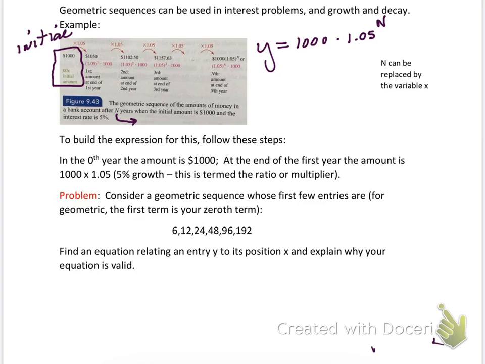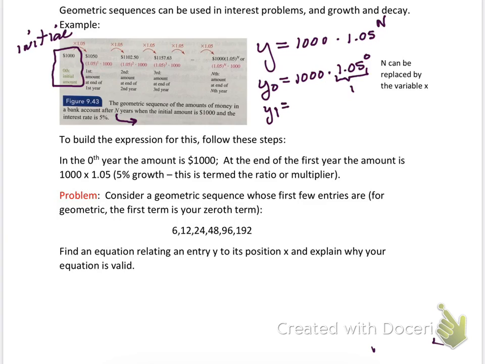Okay, let's check this out. If I want the 0th term, that means we're going to take 1,000 times 1.05 to the 0. Anything raised to the 0 power is just 1. So my first term is 1,000. So that works. Our zeroth term is 1,000.